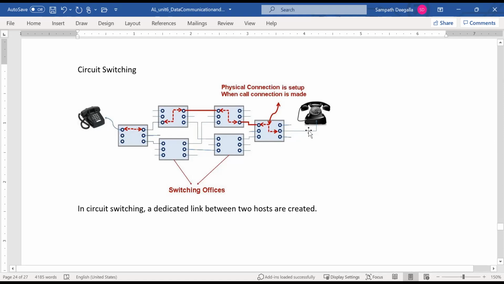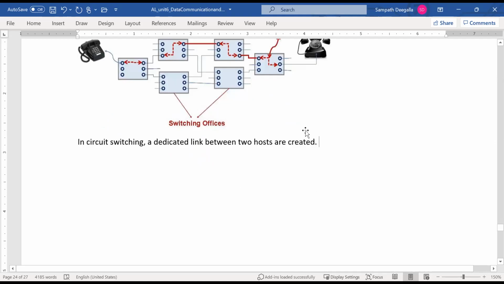In a telephone system, there will be a connection wire from the starting point to the end point.